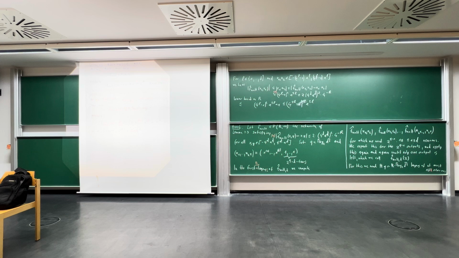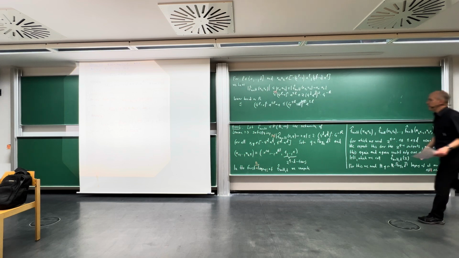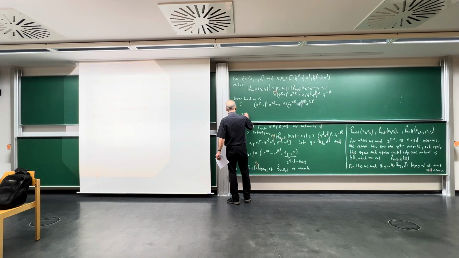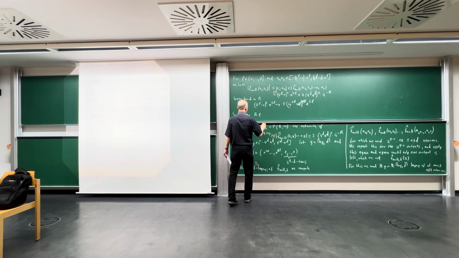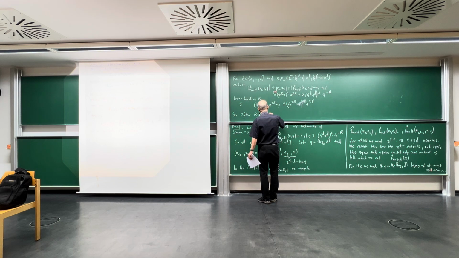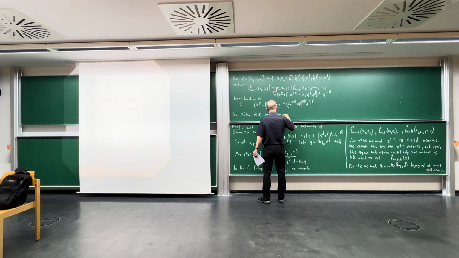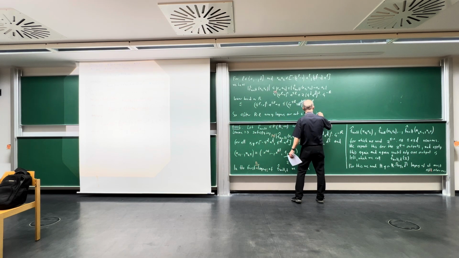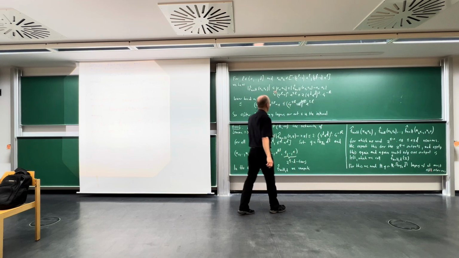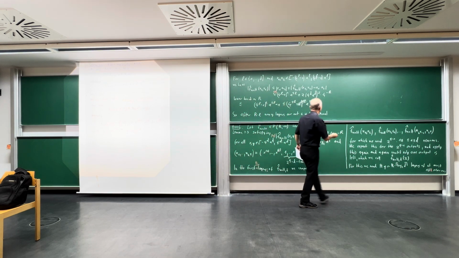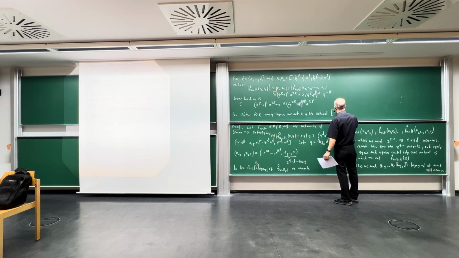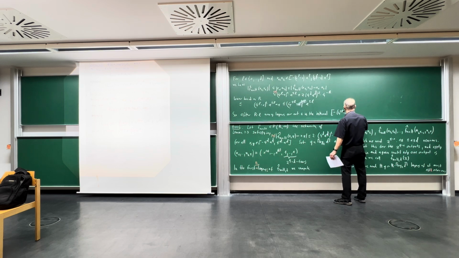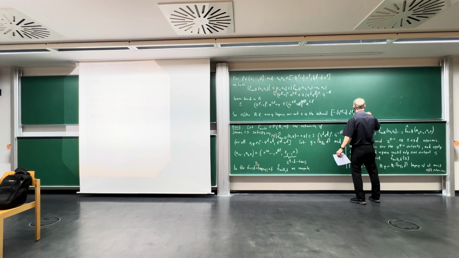So after r times l many layers, our output is in this interval, minus 4^(2l-1) times 8^(2l) to 4^(2l-1) times 8^(2l).